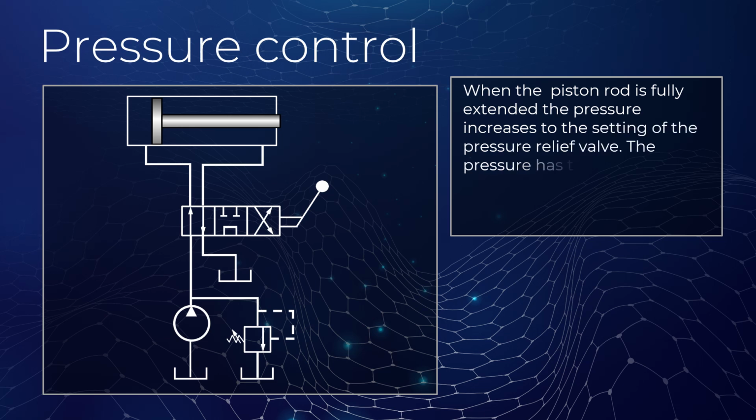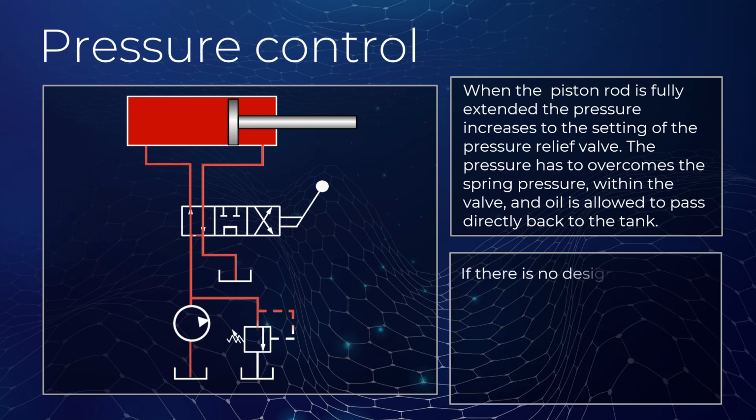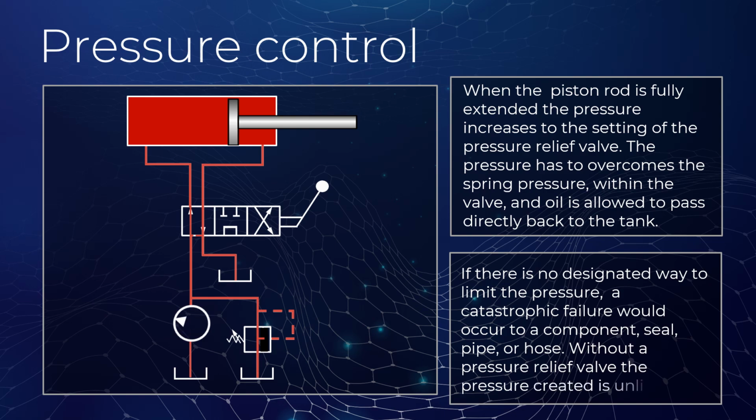The pressure has to overcome the spring pressure within the valve, and oil is allowed to pass directly back to the tank. If there is no designated way to limit the pressure, a catastrophic failure would occur to a component, seal, pipe, or hose. Without a pressure relief valve, the pressure created is unlimited.